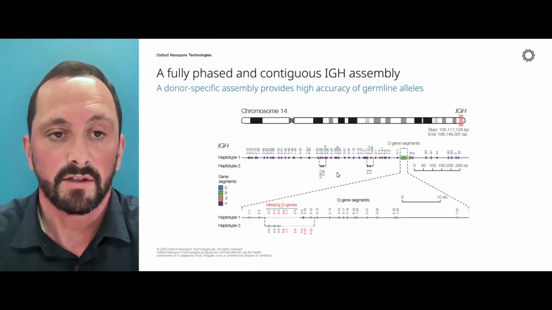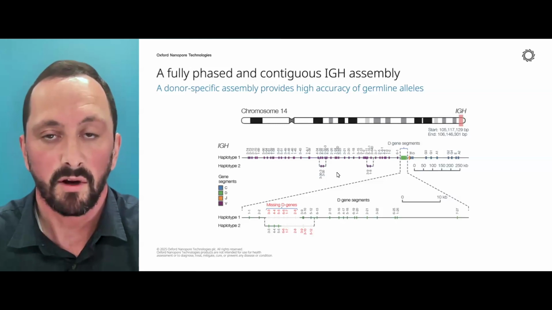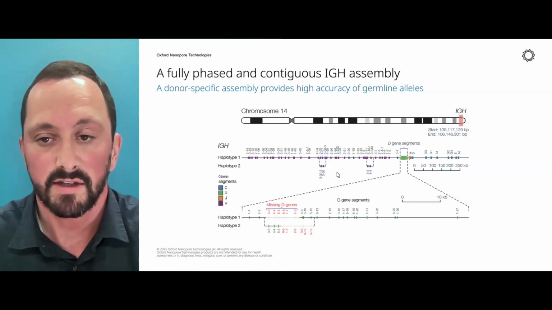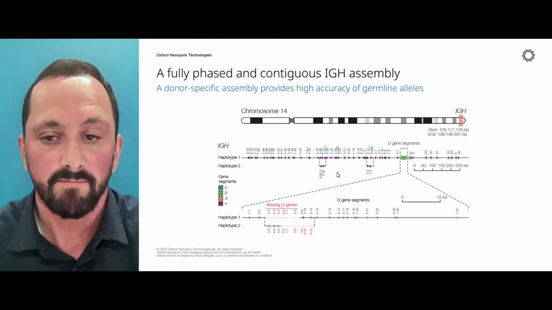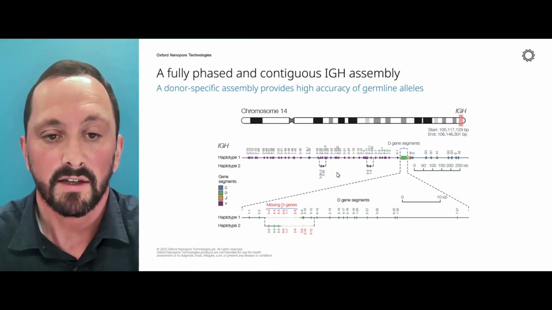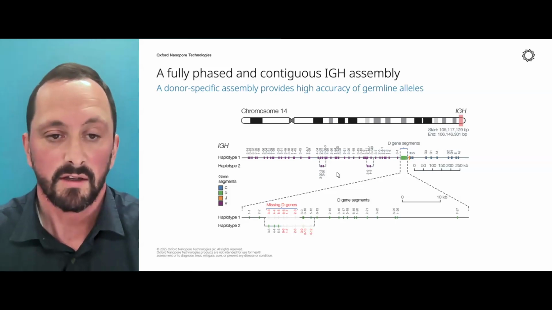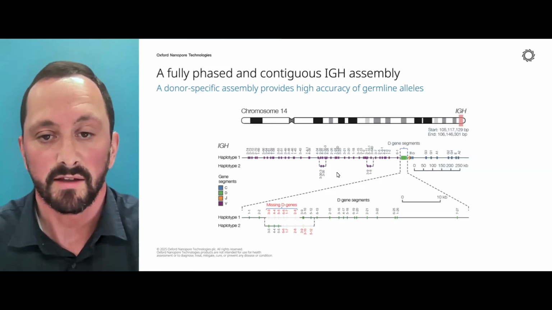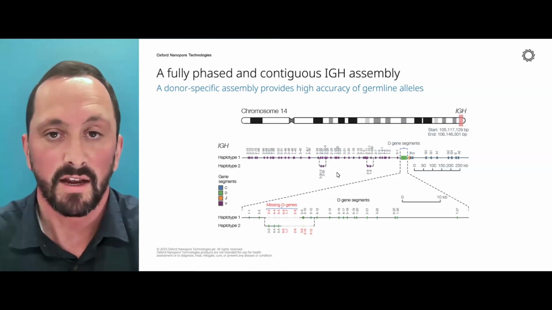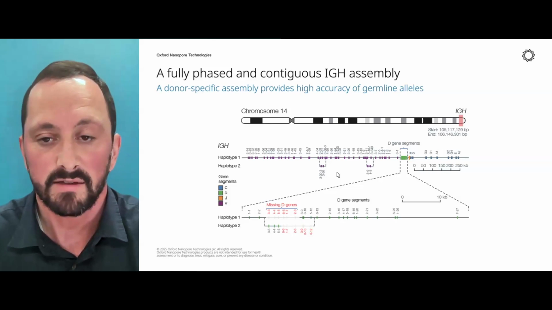So after we enrich our immunoglobulins, for example, and we do our genome assembly, this is what it looks like. IgH, for example, is at the end of chromosome 14. And this we fully resolved into two haplotypes. You can see the purple genes, those are the V genes, the variable domain of the BCR. Those are all really highly similar sequences, and we can annotate those with the alleles using the IMGT database.